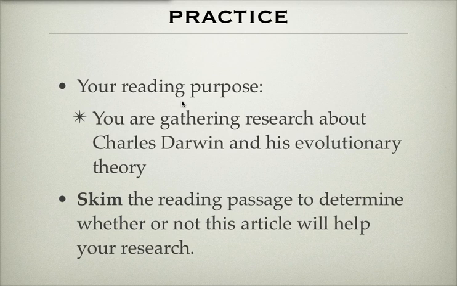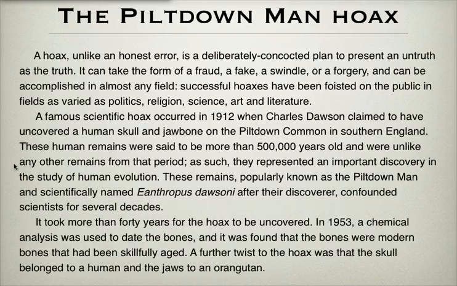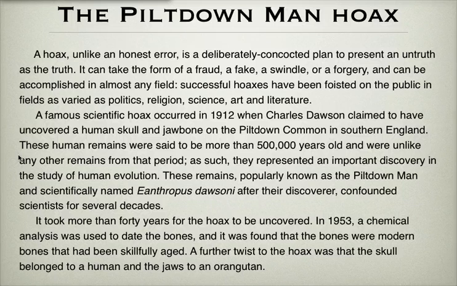So I'm going to go ahead and give you your reading purpose. You can decide whether or not it's going to help us accomplish this purpose. Your purpose is you're gathering information about Charles Darwin and his evolutionary theory. Perhaps you're writing a research paper and you're trying to gather more information about this topic. So I'm going to flip to the next one. I'm going to give you about 30 seconds to skim through this paragraph.